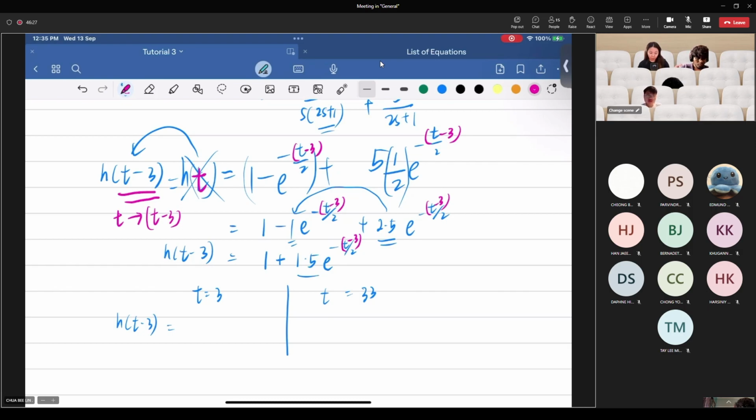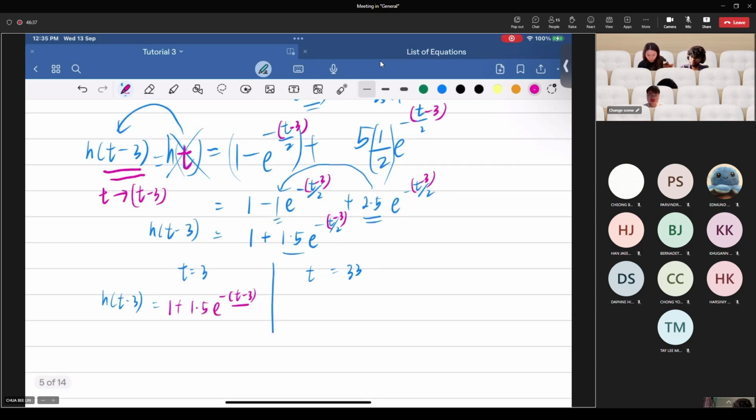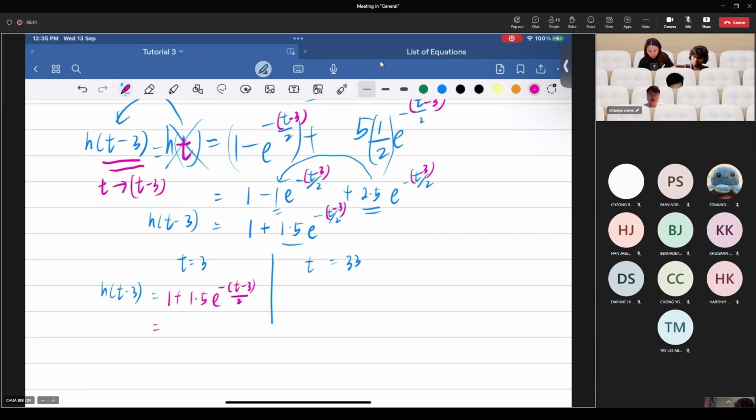Okay, mapping. So from here, your h(t minus 3) is 1 plus 1.5 e to the negative (t minus 3) over 2. When t is 3, you have 1 plus 1.5 e to the negative (3 minus 3) over 2.